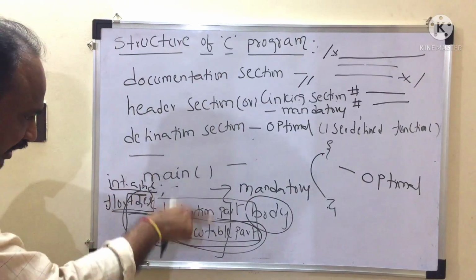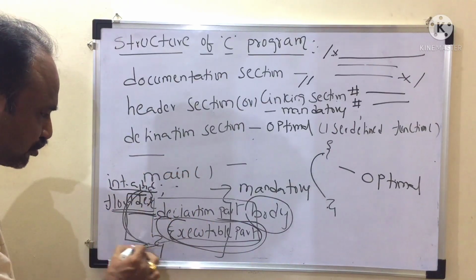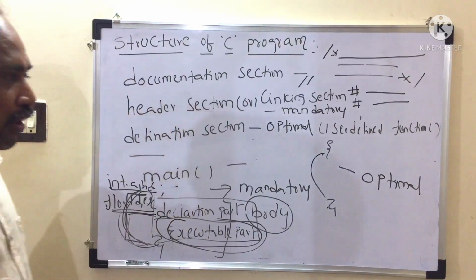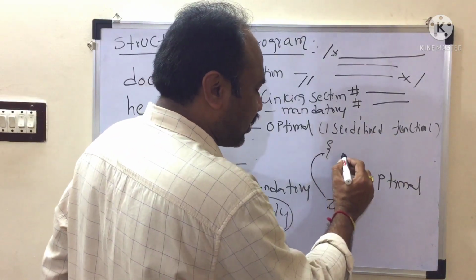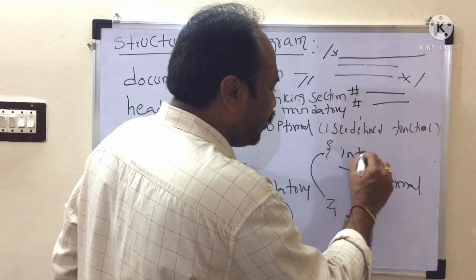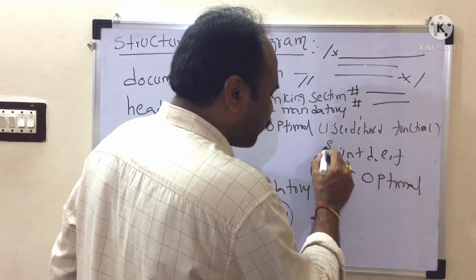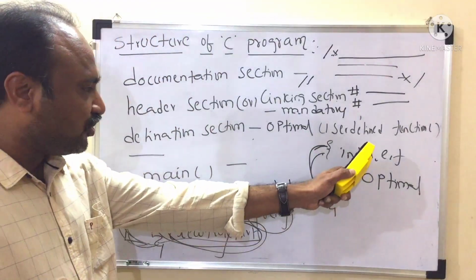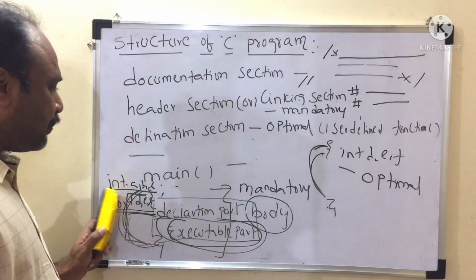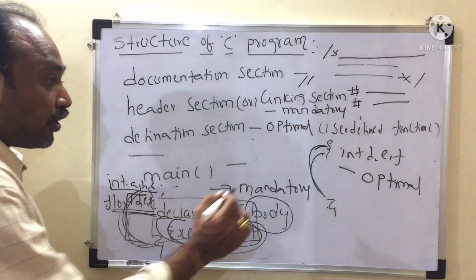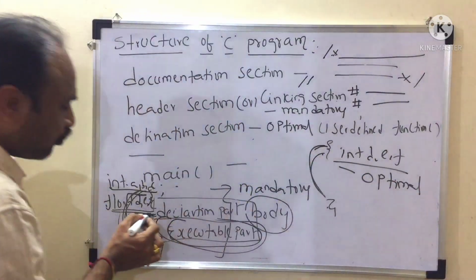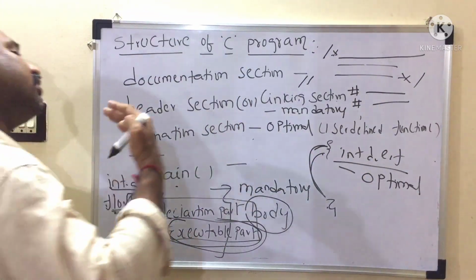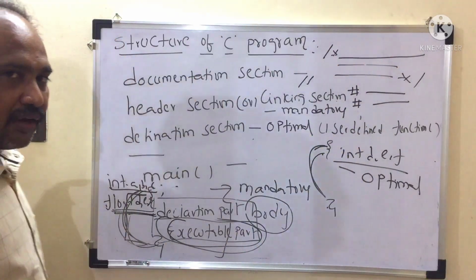Float d, e, f I am declaring in the main function. I have to use them in the main function only. In the same way, in this user-defined function, I am using int d, e, f. I have to use them from the starting of the function to the end of the function. I can't use this d here. I can't use this a, b, c here. Sir, we are using d here also, we are using d here also. That is separate. This is separate.